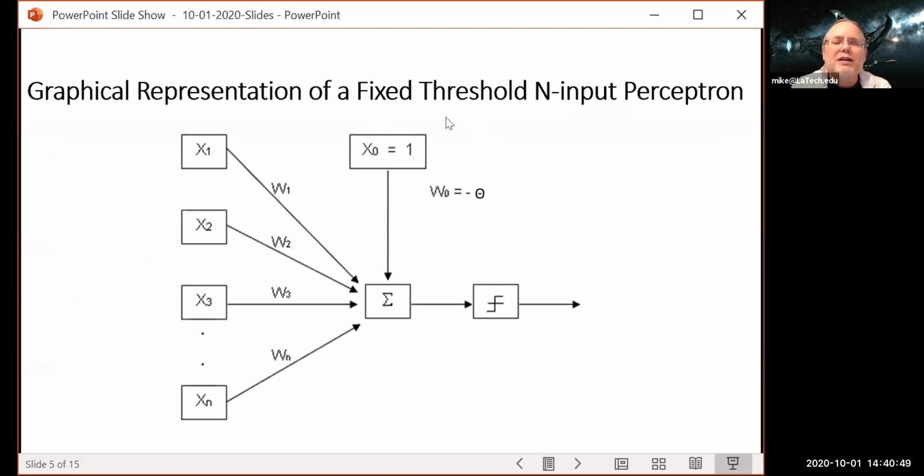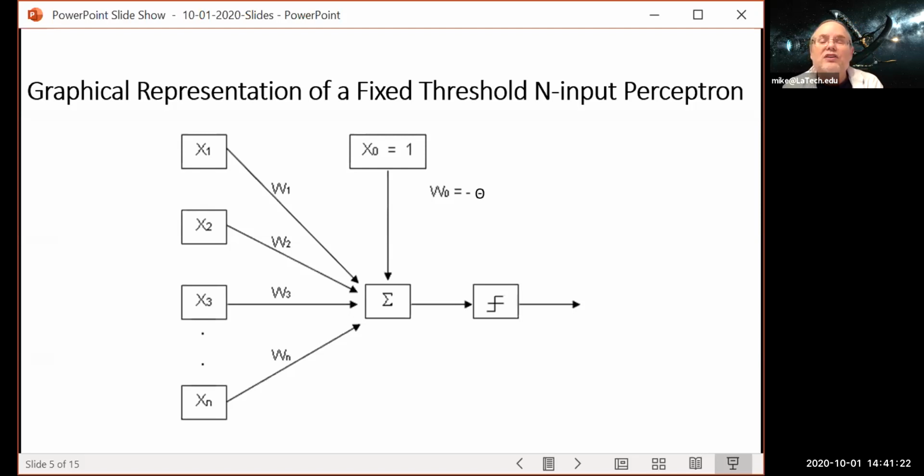What I mean is when you begin training, all of the weights, including the threshold weight, are set randomly. You don't know what they're supposed to be, right? So you just set them randomly. You might say, well, what if I set them all to 1, or even worse, what if I set them all to 0, which means ignore your input? Isn't that going to blow things up?